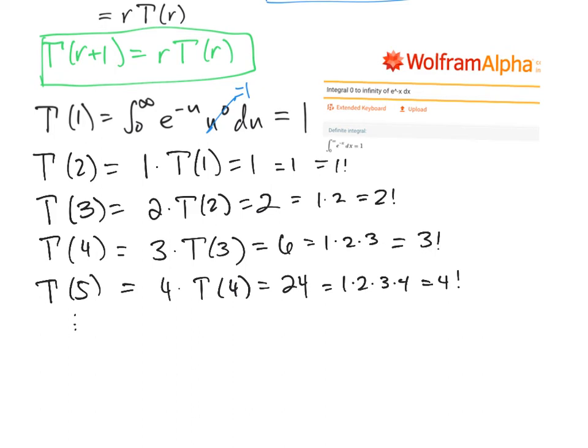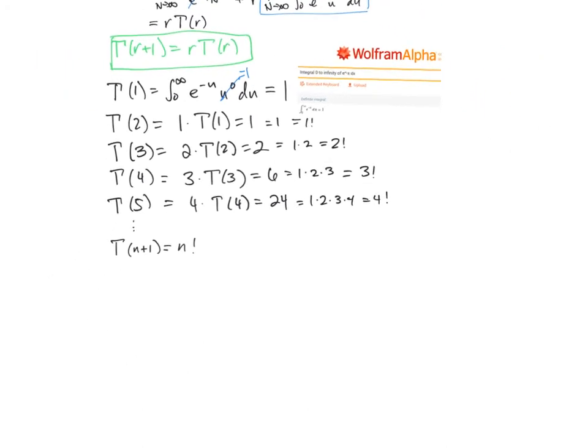So gamma of n plus 1 equals n factorial. This is what I mean when I say that the gamma function is a generalization of the factorial function, because it is exactly the same as the factorial function for natural numbers, but it has a similar property and is defined for any other number.